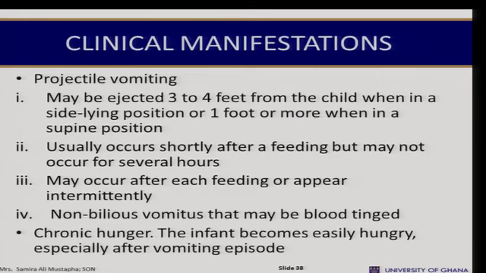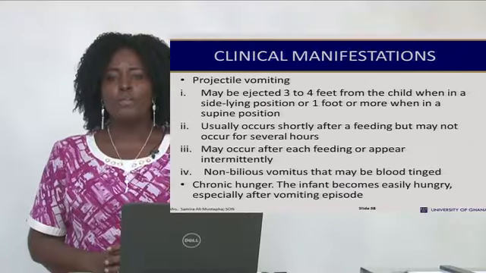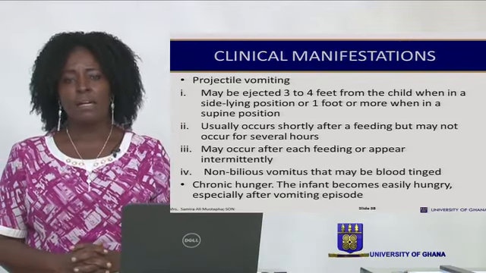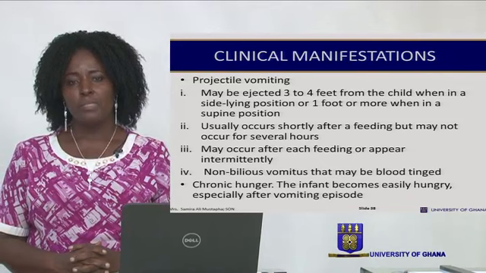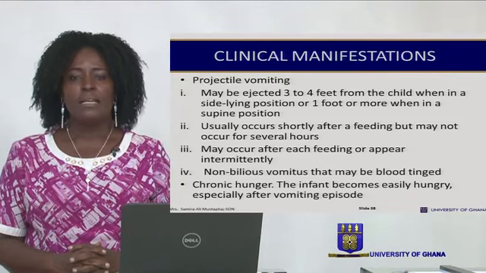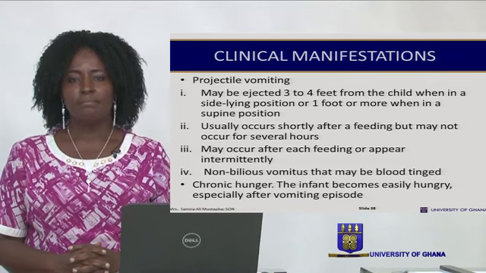So the clinical manifestations you have here is projectile vomiting, and it goes very far and usually occurs shortly after feeding. That is the characteristic, and it affects each feeding.